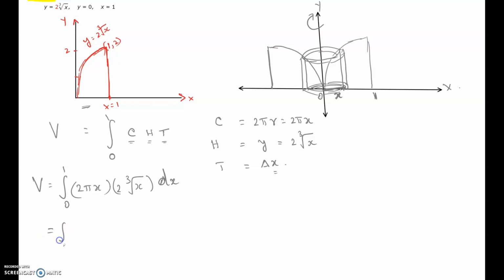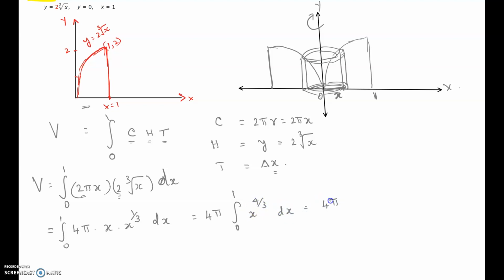So it is the integral from 0 to 1 of 2 times 2, that is 4 pi, times x times the cube root of x, which can be written as x to the power 1/3, dx. 4 pi can be taken out of the integral sign. It is the integral from 0 to 1 of x to the power 1 times x to the power 1/3, which is x to the power 4/3 dx.